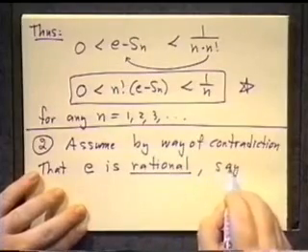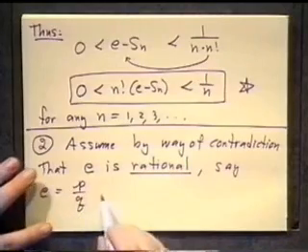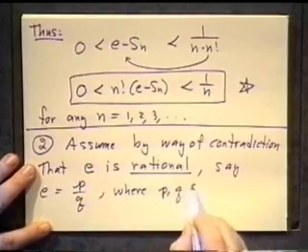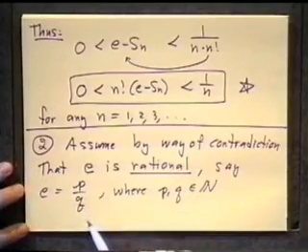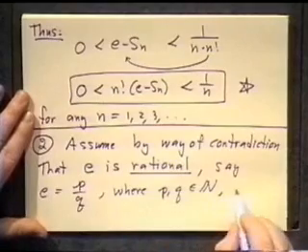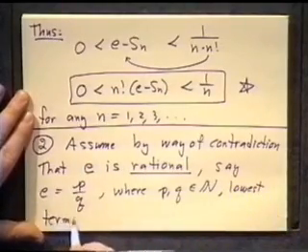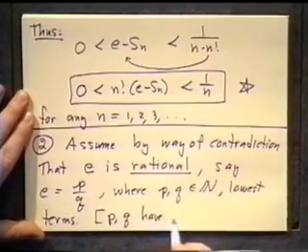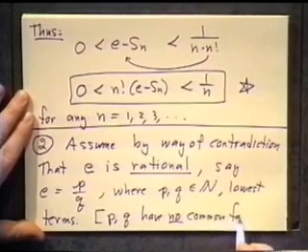Say, to be specific, that e is equal to p over q, where p and q are in the natural numbers. We can assume positiveness because we know that e is a positive number. And we will assume in lowest terms, which means that p and q, remember, have no common factors. Okay, no common factors.